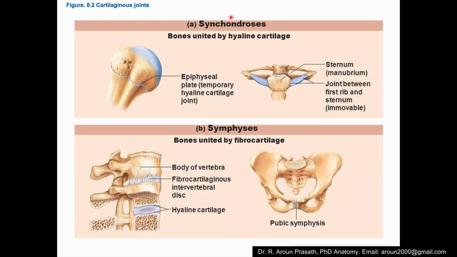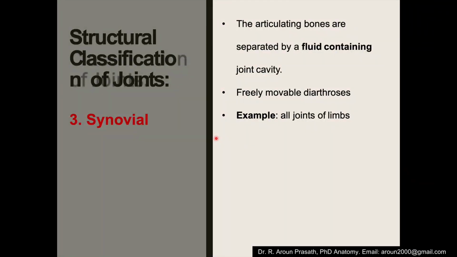Okay, so this variety is called synchondrosis. Whereas if there is a disc in between the two bones which is acting as a shock absorber, we call it a symphysis joint. Okay, both these are said to allow a few degrees of movement.